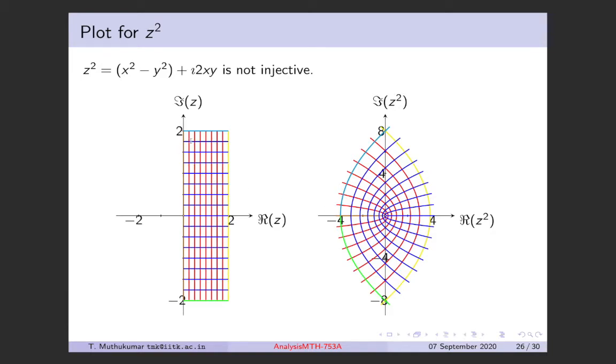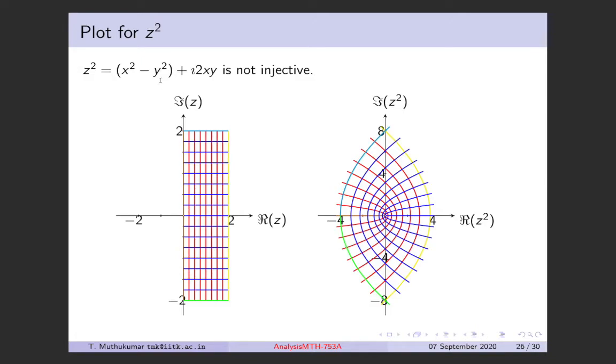Similarly, you look at these horizontal blue lines, they again get mapped to these blue parabolas, right? Here again you see that the value of y is fixed, only the x is changing, but here the values are negative y's and here the values are positive y.